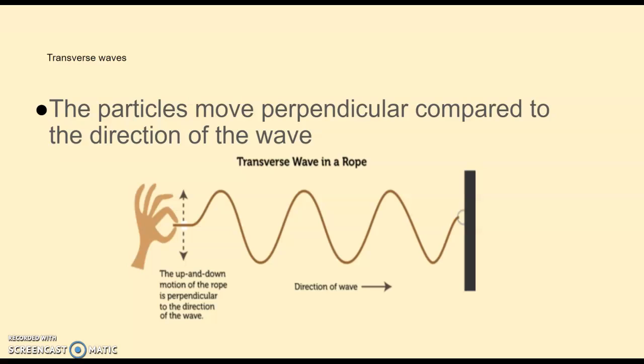So imagine I have a string or a slinky, and this hand here is moving up and down, right? The string or slinky is going to move left and right. It's going to be at a 90-degree angle or perpendicular. So this picture of a wave is what we've been looking at, right? We're kind of familiar with what transverse waves look like, moving perpendicular to the motion.